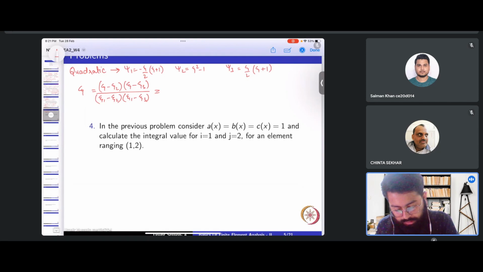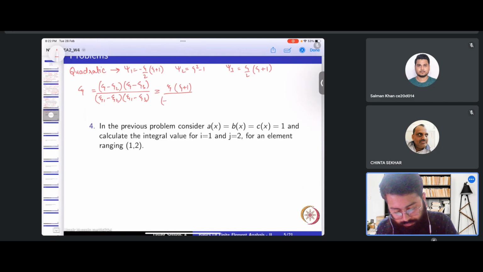Zeta 2 is 0 and zeta 3 is 1, and zeta 1 is minus 1.